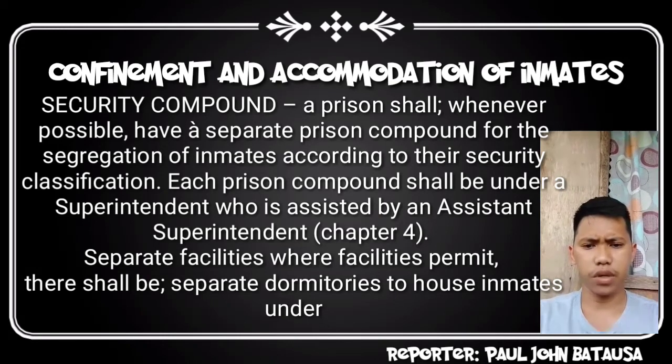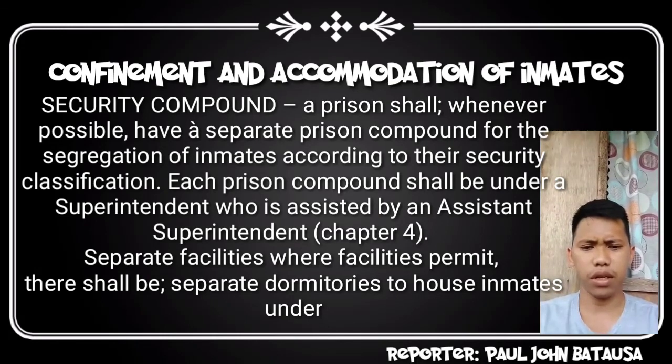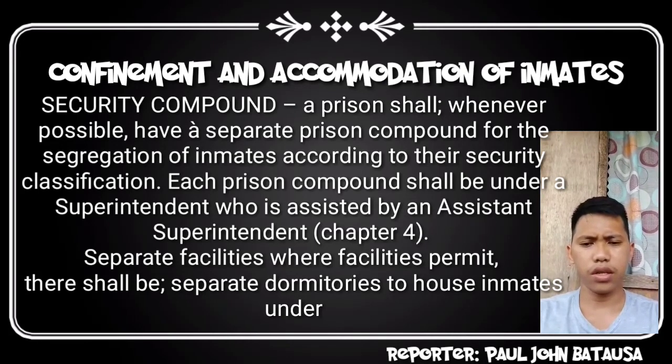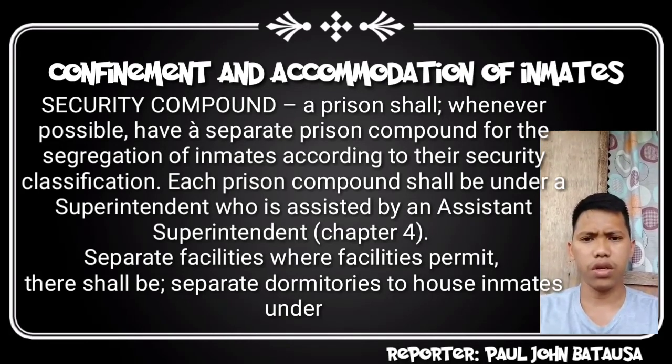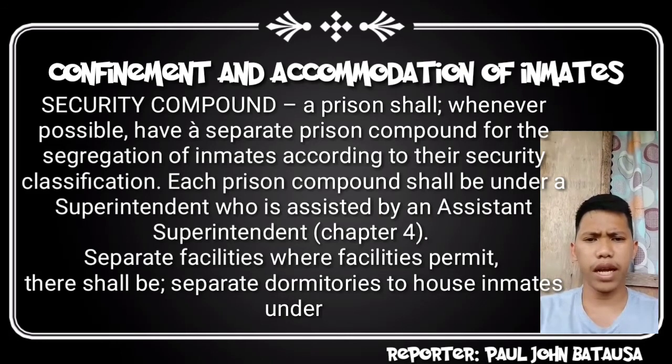Separate facilities. Where facilities permit, there shall be separate dormitories to house inmates under the following categories. So, upang makilala ang mga pangangailangan sa ating edukasyon o vocational at psikolohikal na pangangailangan ng bilanggo at ihiwalay ang mga hindi marahas na preso mula sa mas mandaragit.